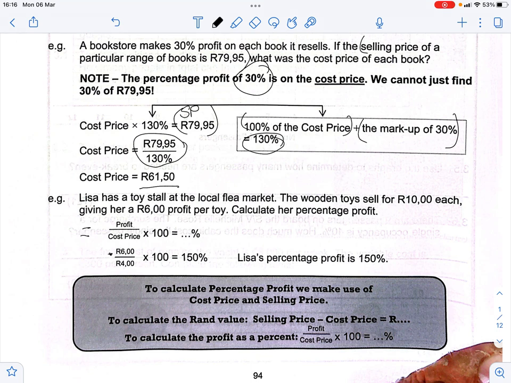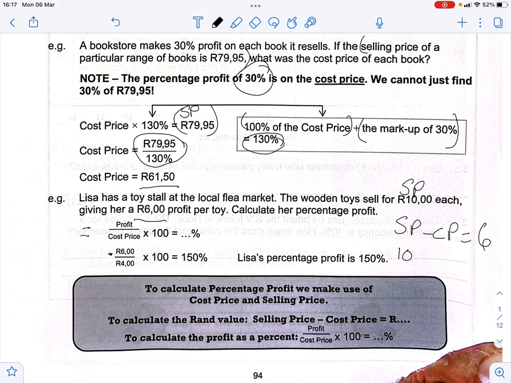Now, to work out the cost, we know that 10 Rand is the selling price, and 6 Rand is the profit. So we basically take selling minus cost price equals our profit, which we know is 6 Rand.